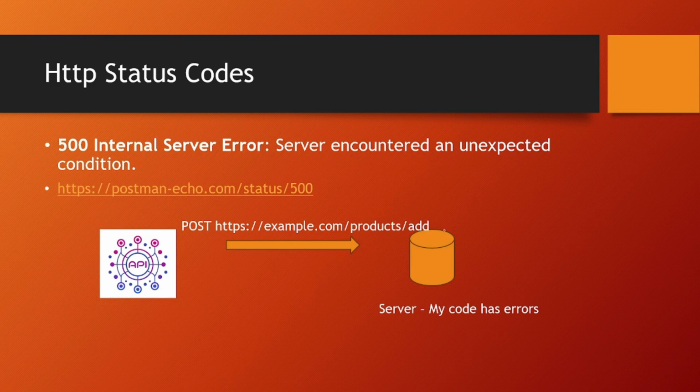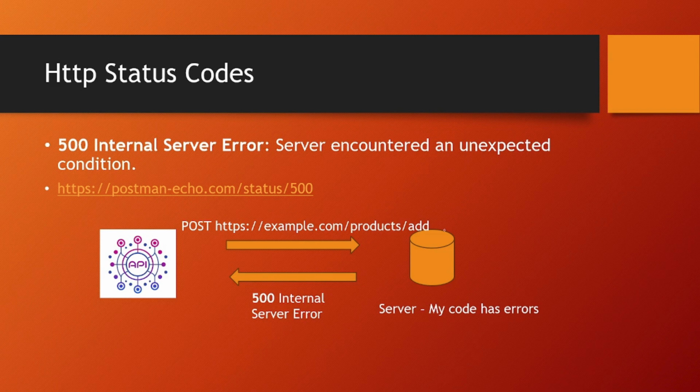What happens in this case is, when you send a request to a server, for example here I am sending the request to add some product to my cart, but at that time maybe the server is doing something or there is some issue with the code of the server, and it's not able to process your request.